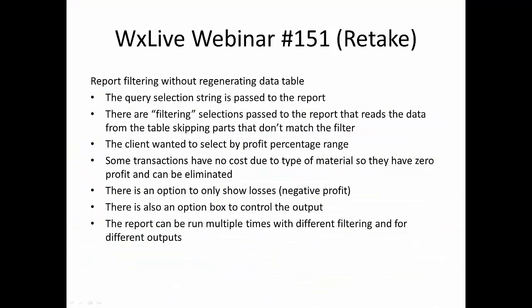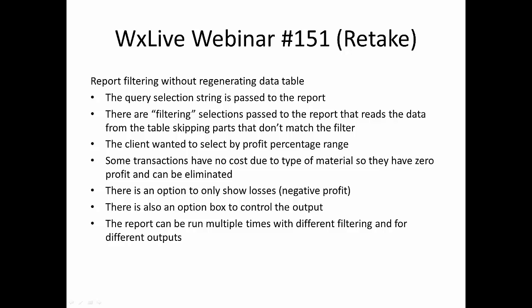Next, we want to look at how report filtering helps this process. We can select certain rows out of the data and not print all of them by doing a filtering that is passed to the report. We saw that a little bit when we were looking at the report code.